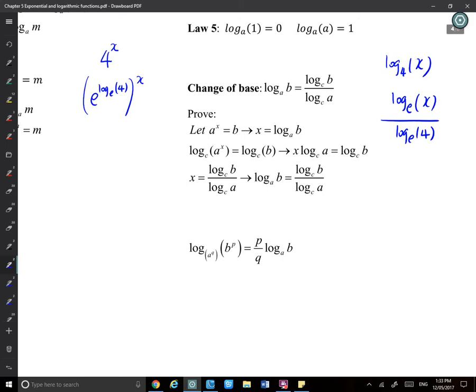Why we have the change of base formula is that about 10 years ago, the calculator was not that powerful. It couldn't directly calculate something like log_4 8. They only stored values for base e.